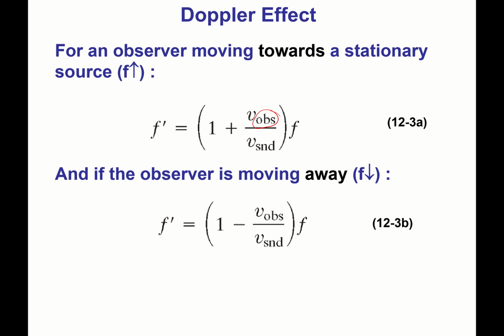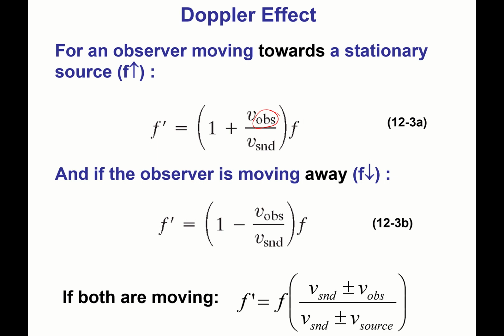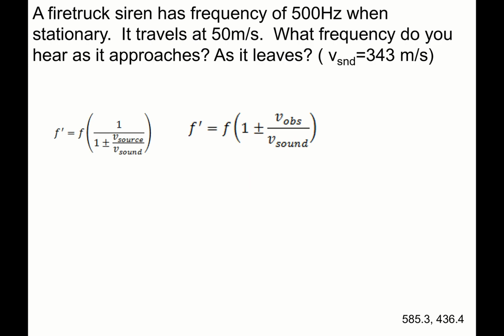So it's 1 minus V observer over V sound. What if both of them are moving? Well, then we would combine the two equations, and what you choose for the plus or minus depends on whether it's moving towards or away, and you have to use similar logic to what we had in the previous equations.